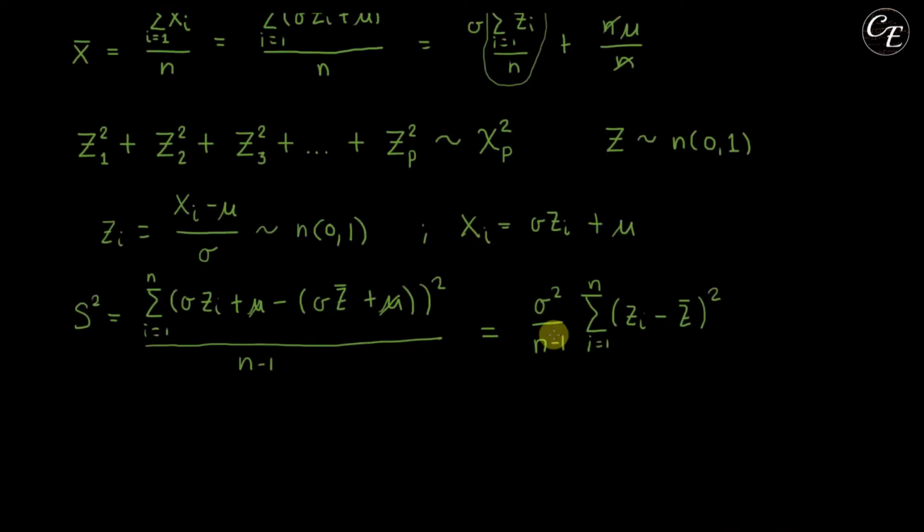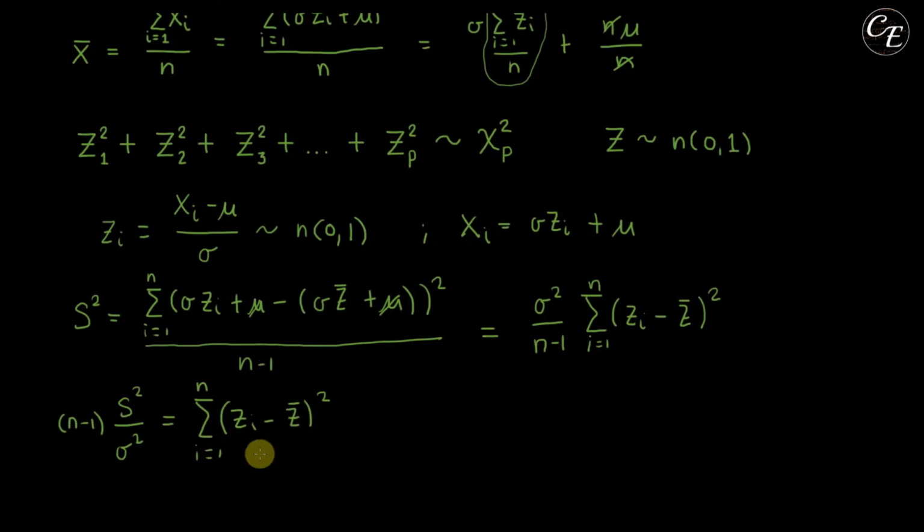Now we can move this to that side by multiplying both sides by n minus 1 over sigma squared. So we have n minus 1 times s squared over sigma squared, and it is equal to the summation of z sub i minus z bar squared from i equals 1 until n.